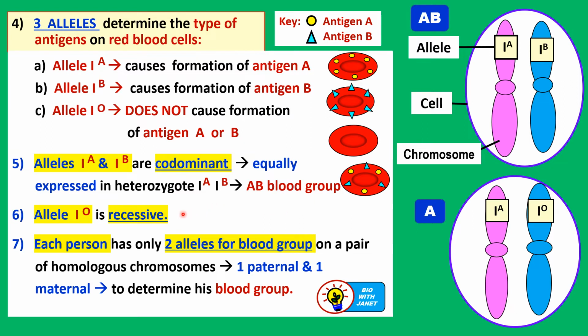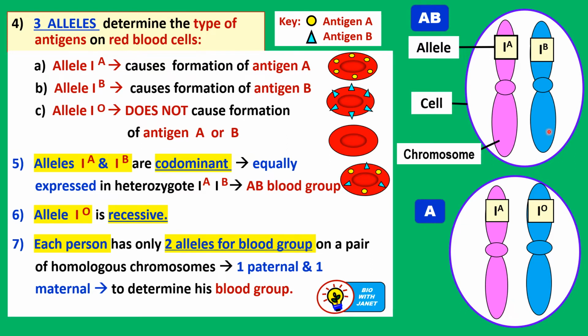On the other hand, allele IO is recessive, meaning that it is like the so-called weaker allele. So in the presence of a dominant allele, allele IO cannot express its trait. Alright, so notice that there are two alleles for the blood group in each cell of a person.